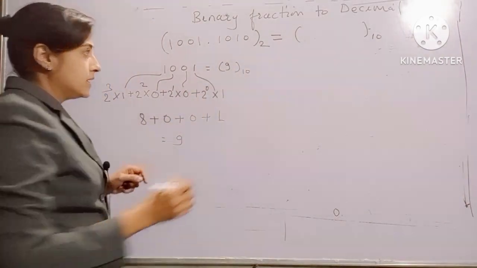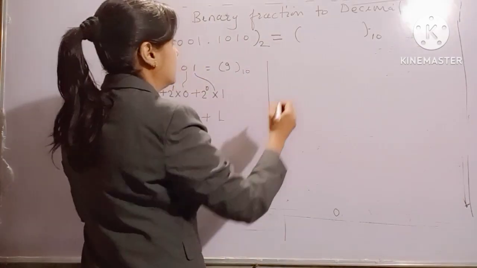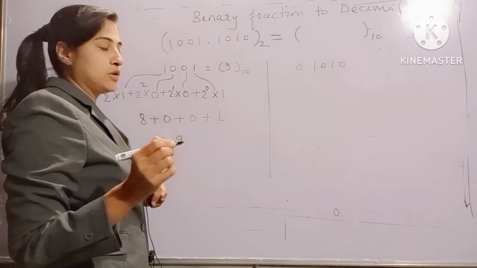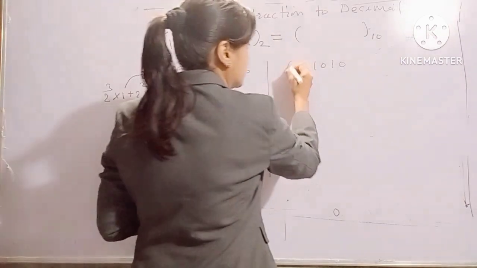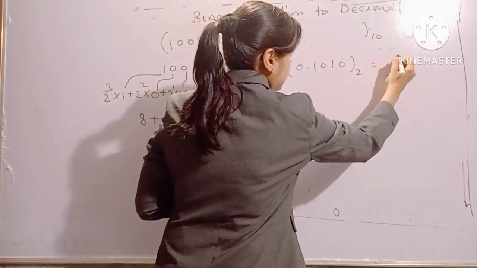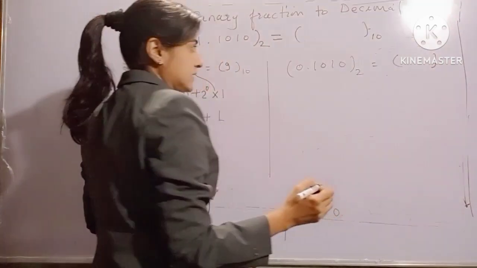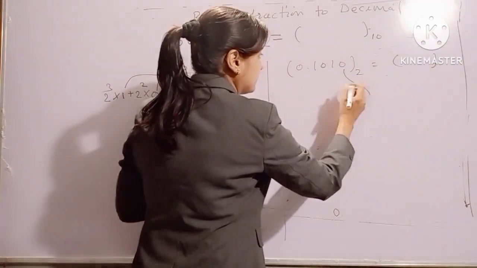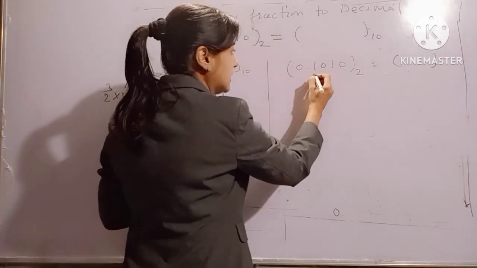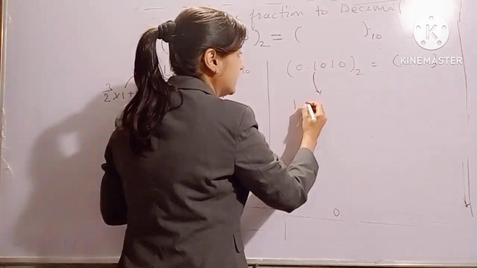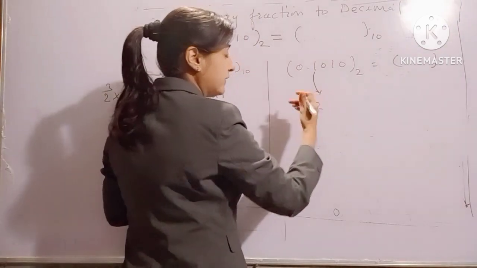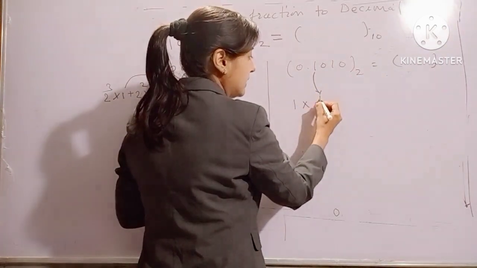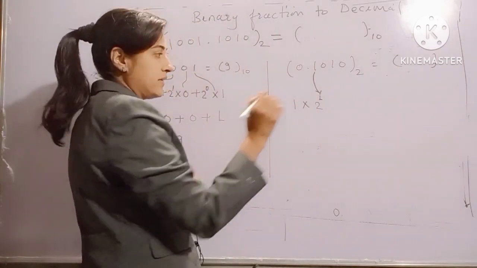Now 0.1010. How can we convert this fractional part of the binary into decimal? The process is again similar, but here you have to start with this 1 into 2 raised to, again taking ascending powers starting with 1, but the power must have a negative sign.